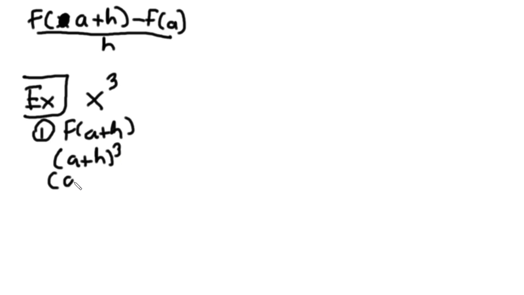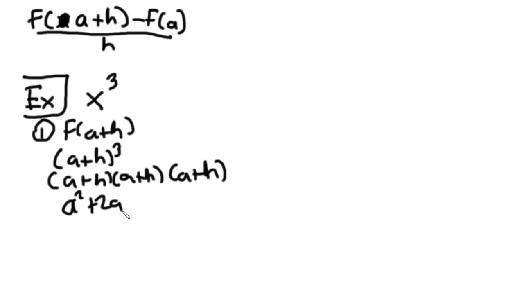This is just a plus h times a plus h times a plus h. Now we can FOIL this out. There actually is a formula for this, but I don't expect you to know it, so I'm not going to utilize that formula. If we FOIL this, we'll get a squared plus 2ah plus h squared.